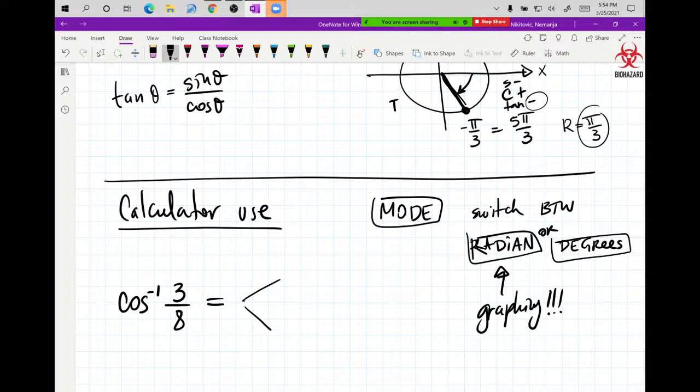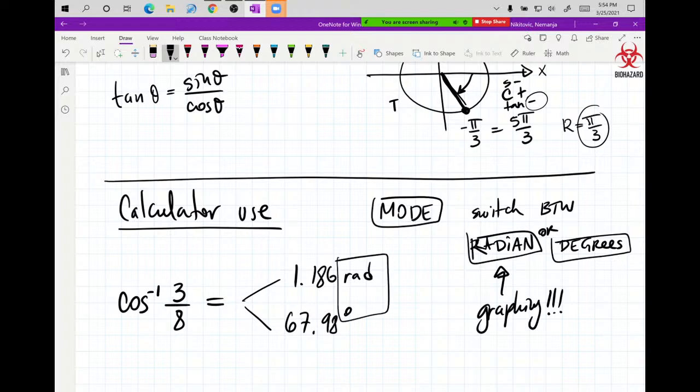Well, there will be two answers. The first answer, since I am in radians, I'm going to say inverse cosine of 3 divided by 8, and my answer in radians is 1.186 radians. But then if I switch the mode to degrees and do the same calculation, I will get 67.98 degrees.